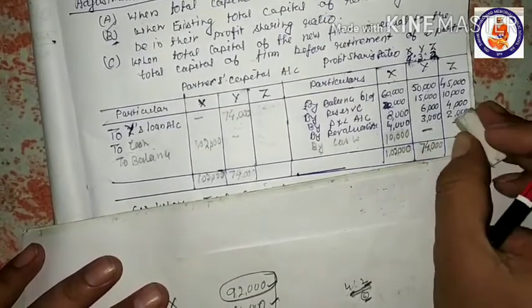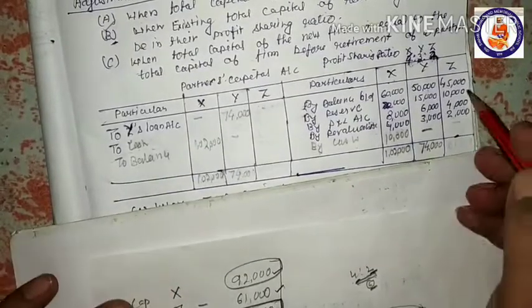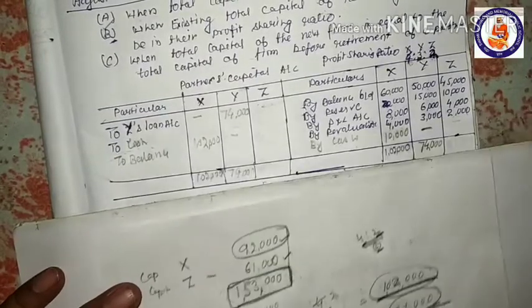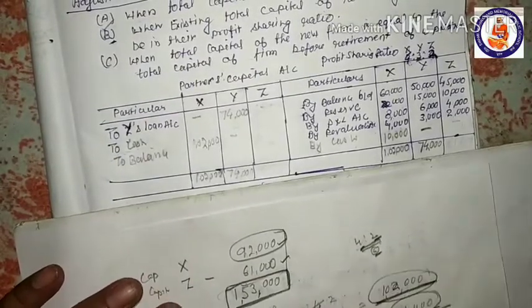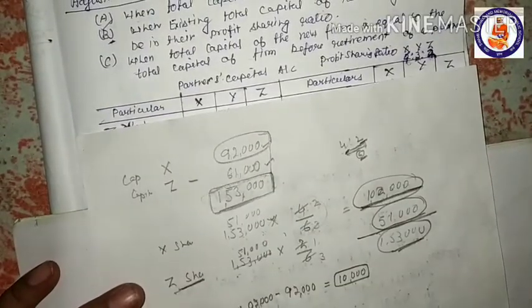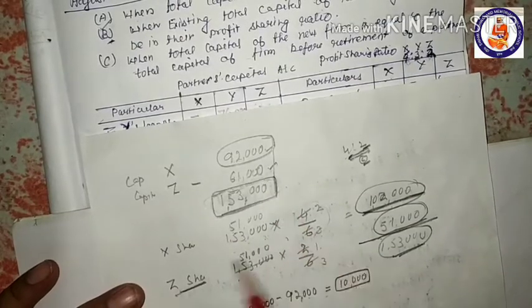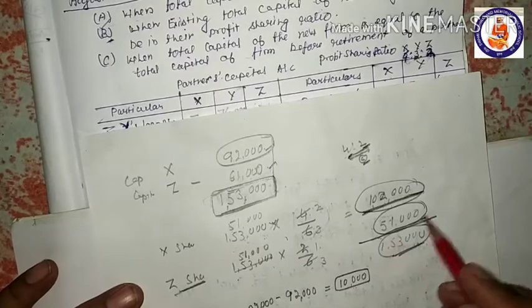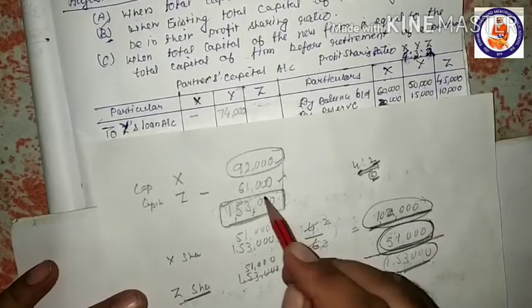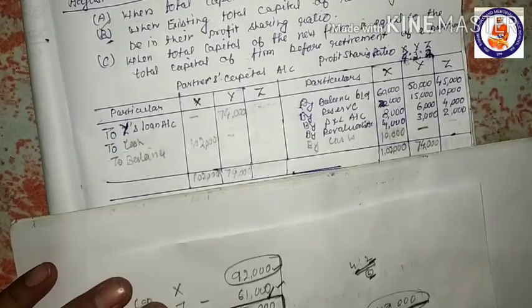Now come to Z's account. When we total up, it comes to 61,000, as we had already calculated. His capital is 61,000, so he does not have to bring anything, because his capital balance is more than the requirement. His capital should be 51,000, but it is actually 61,000, which is 10,000 rupees more.